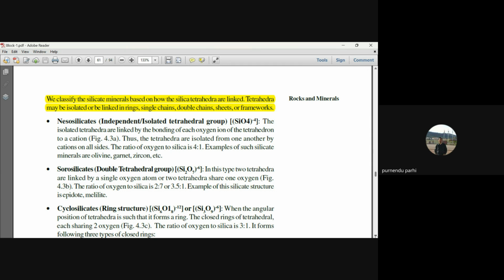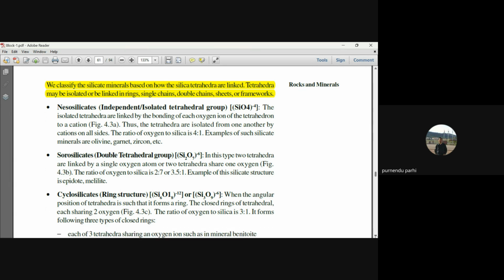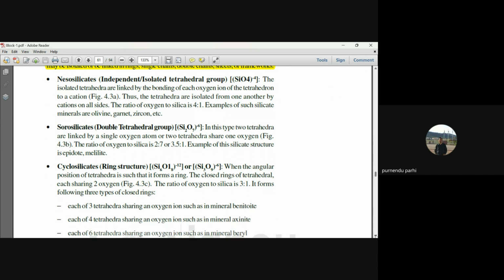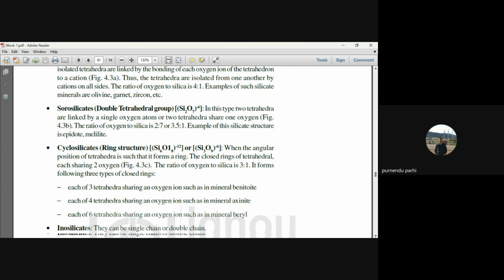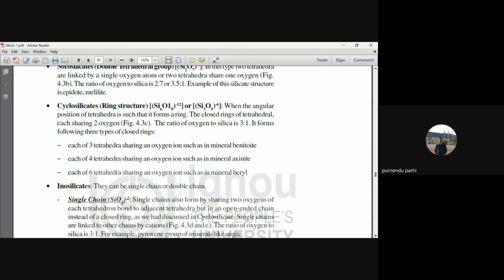The ratio of oxygen to silica is 7 to 2, or 3.5 to 1. Examples of this silica structure are epidote and melilite. Then cyclosilicates: ring structure. Each of the tetrahedra shares oxygen ions with two others, as in minerals such as benitoite, axinite or beryl.